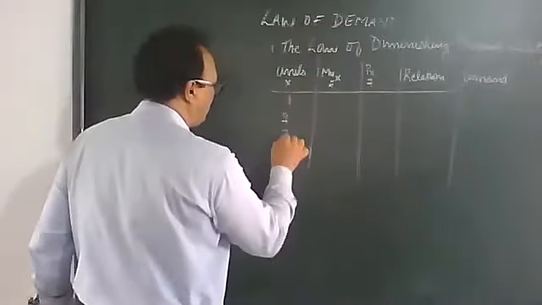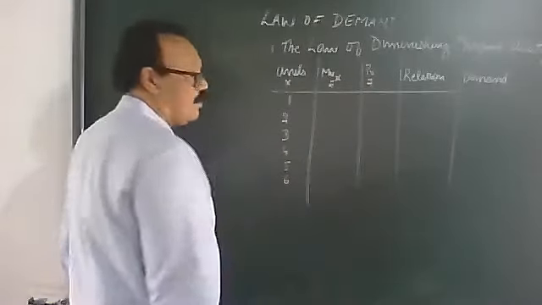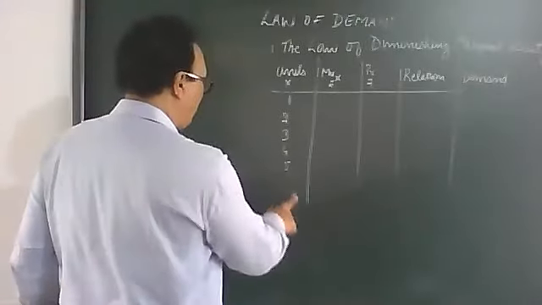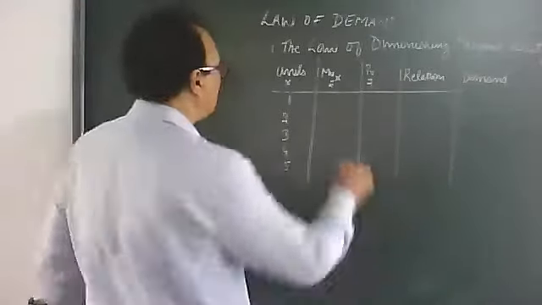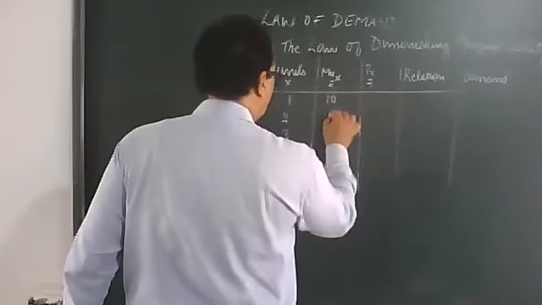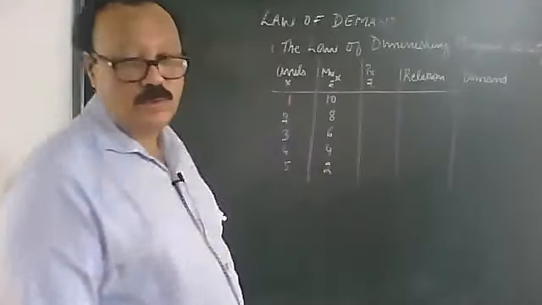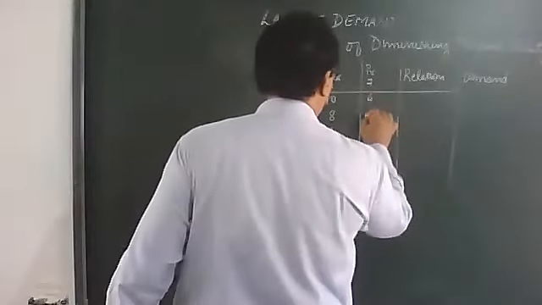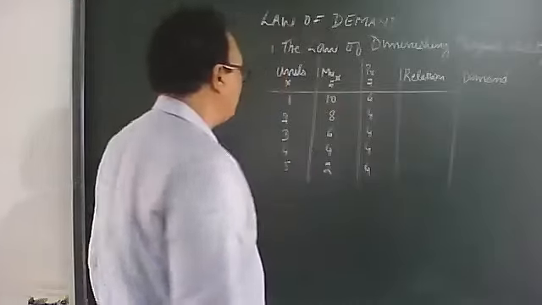Units 1, 2, 3, 4, 5. Five should be enough. Why make it long? The marginal utility is 10, 8, 6, 4, 2. Price is given as 4, 4, 4, 4, 4 per unit.